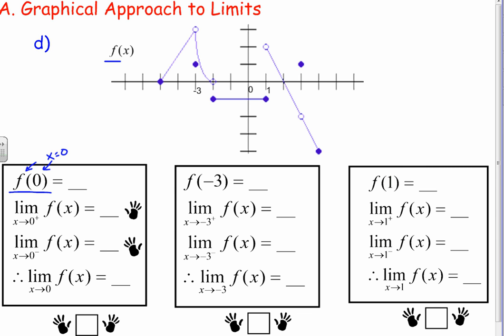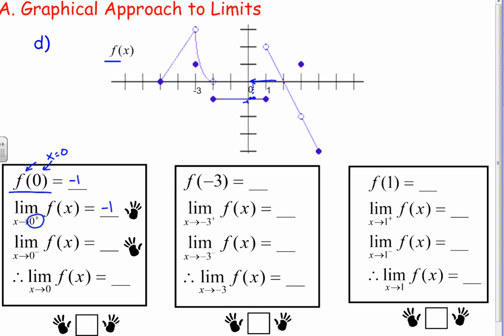When I put in 0, it appears that I get out an output right there, which would be a height of -1. So the y value is -1. The limit as x approaches 0 from the right side, so as I come into 0 from the right, travel till I hit and intersect with my function, it too has a -1 value.